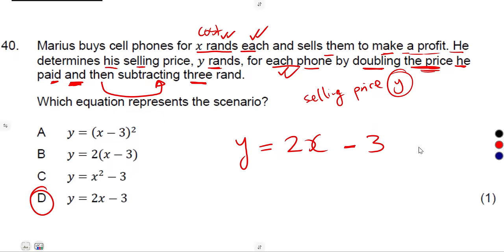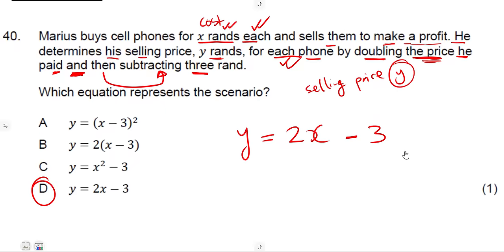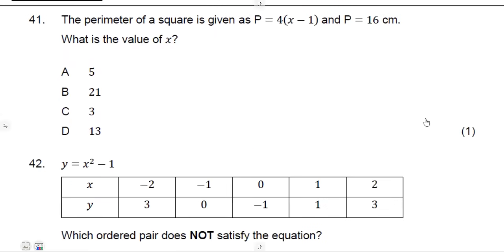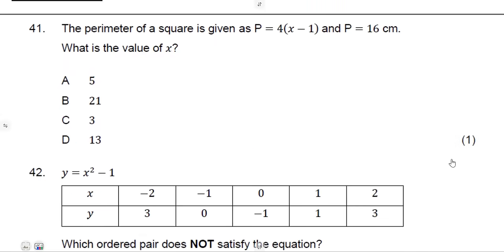D was going to be the best. All right, that was our question 40. 41. We are given the perimeter of a square is given by, or is given as, that expression, the way that we can have it.